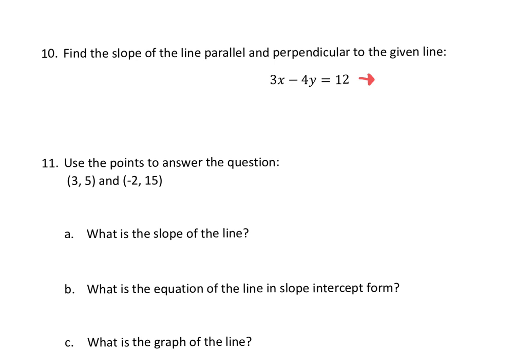So we can do this a couple ways. I'll just do it this way. I'm just going to subtract the 3x over and then divide everything by negative 4.